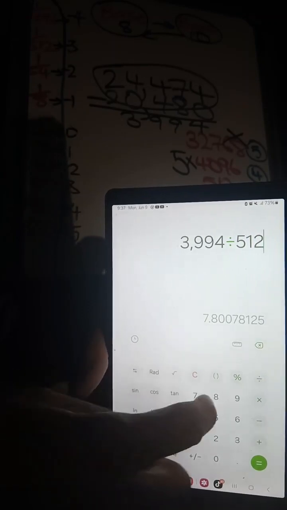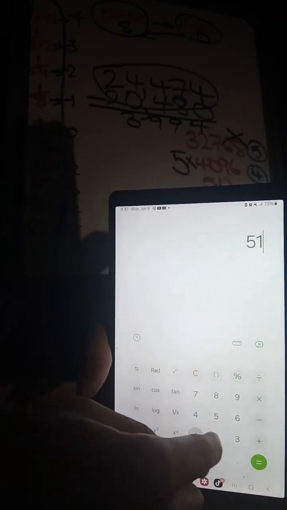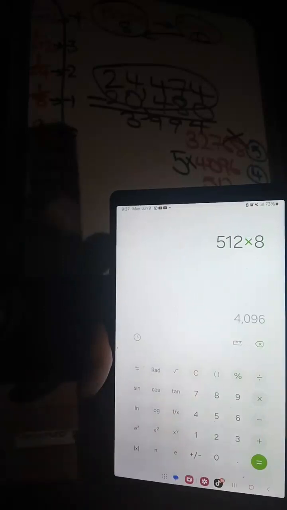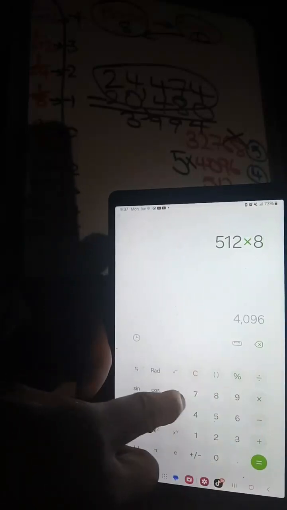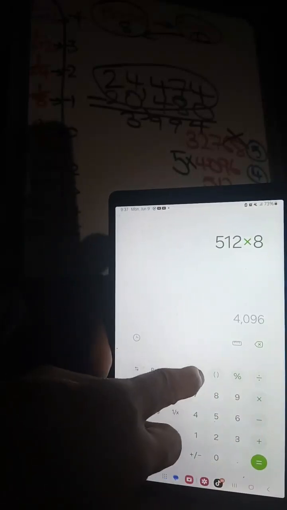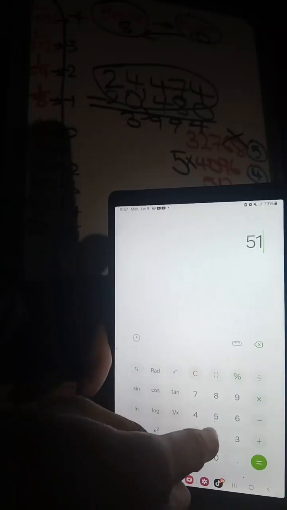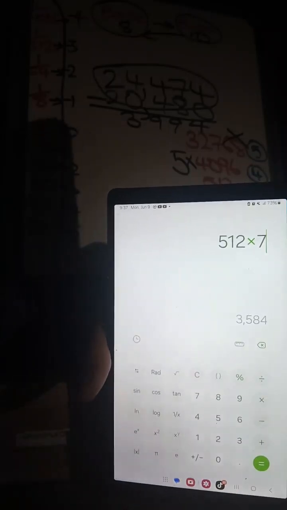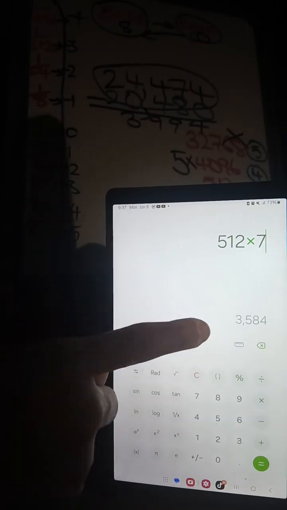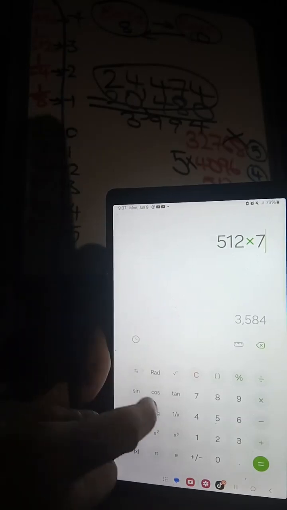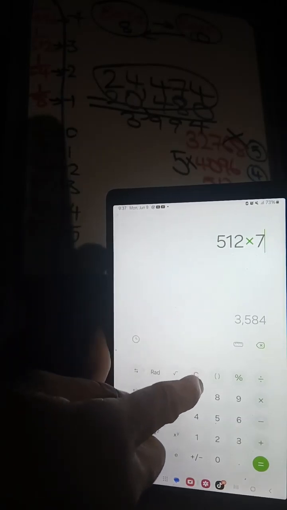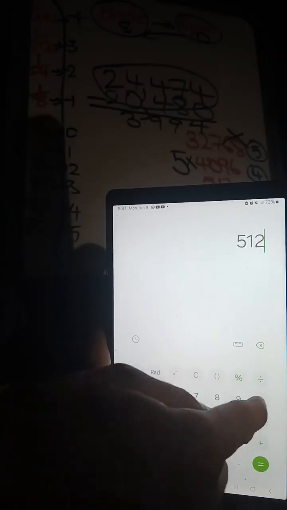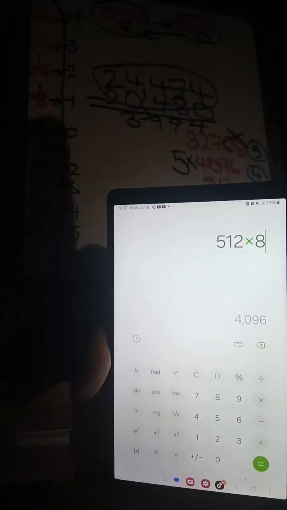You understand? Because if I multiply 512 by 8, it gives me 4,096. Right? But this number is smaller than 3,994. You understand? But this number is bigger.